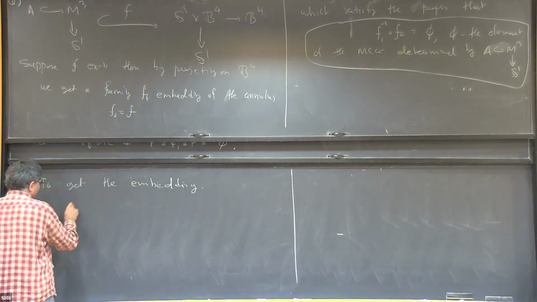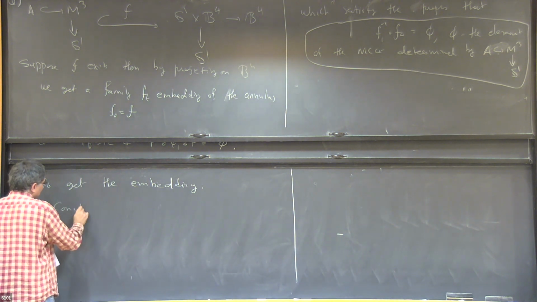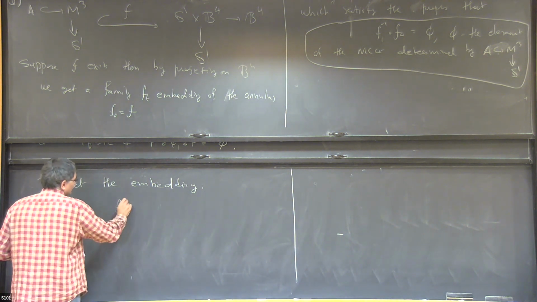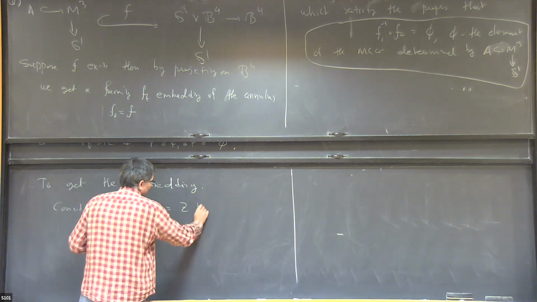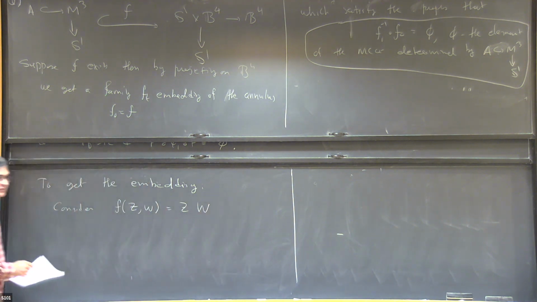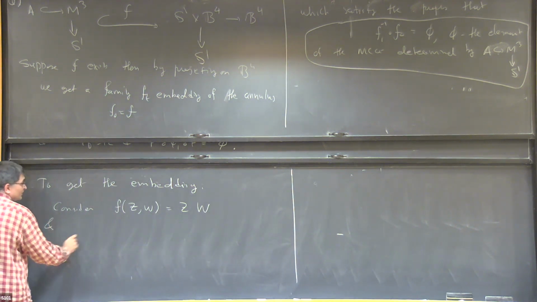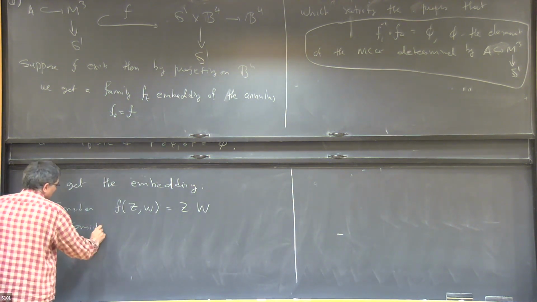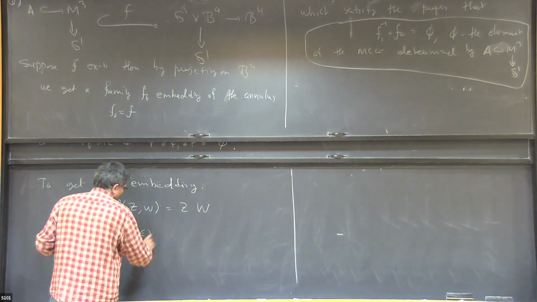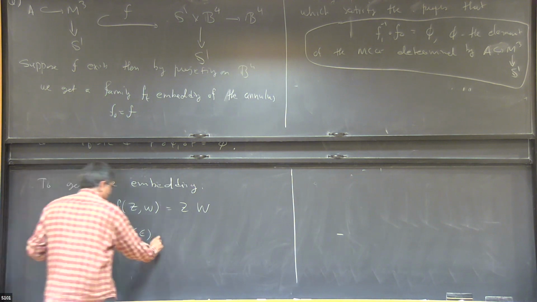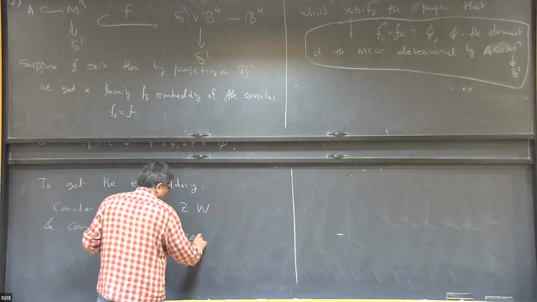Consider the map f of z, w equals zw, and consider f inverse of, say, epsilon.